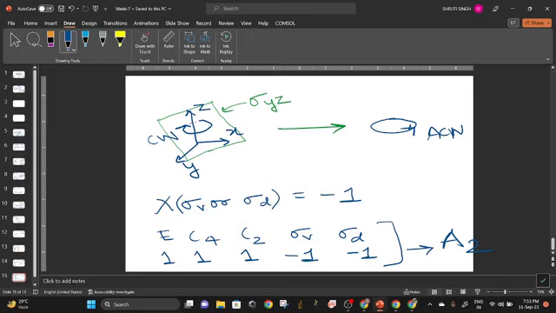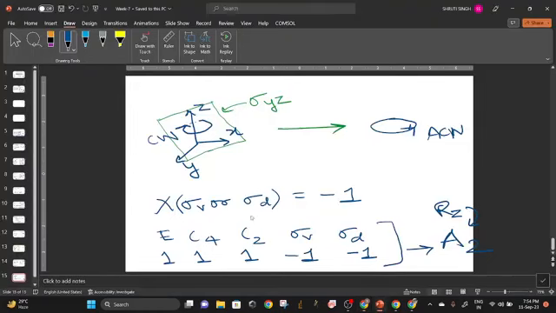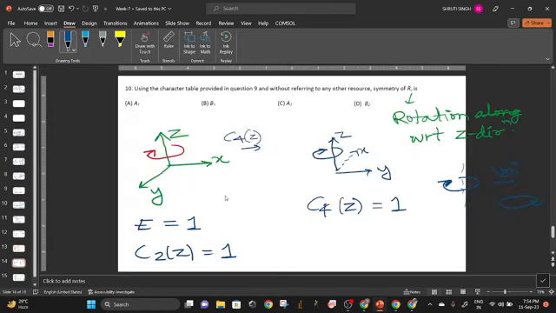Rotation along the z-axis, Rz. Am I clear? So here the answer should be C, A2.